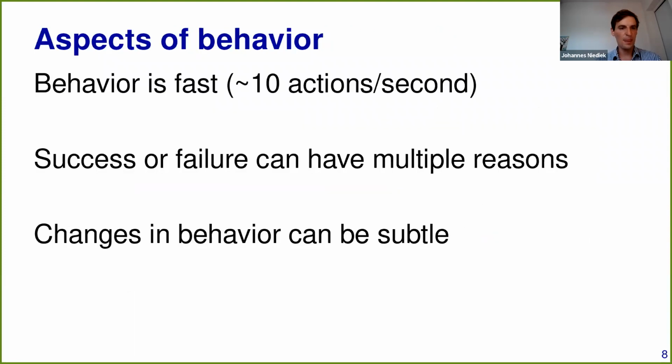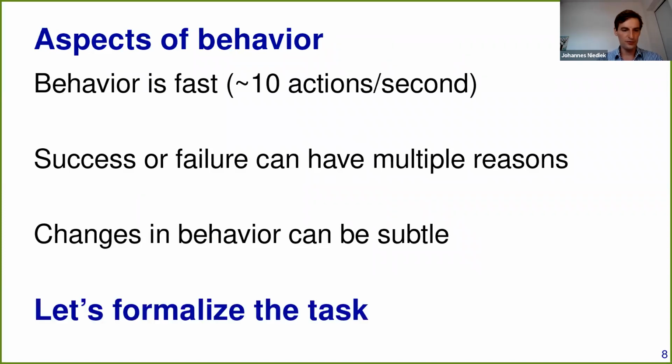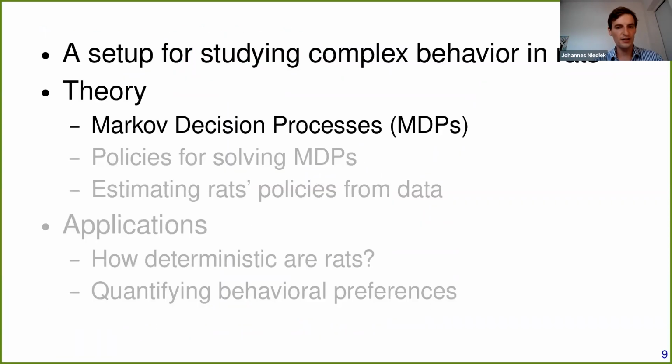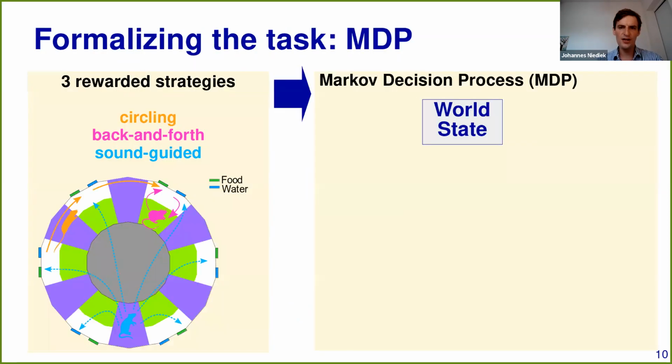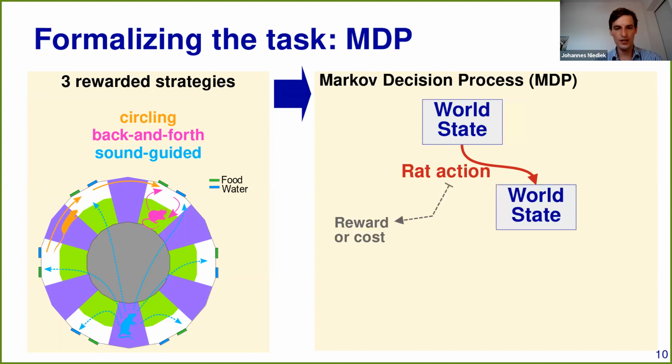But in the beginning, I listed these aspects of behavior, and so far I haven't covered any of them. So the first thing we do is to think about this task a bit more formally. And we're going to use the language of Markov decision processes, MDPs. And an MDP is a system in which the world is always in a well-defined state, and an agent, in this case the red, takes a well-defined action that brings the world into a new state.